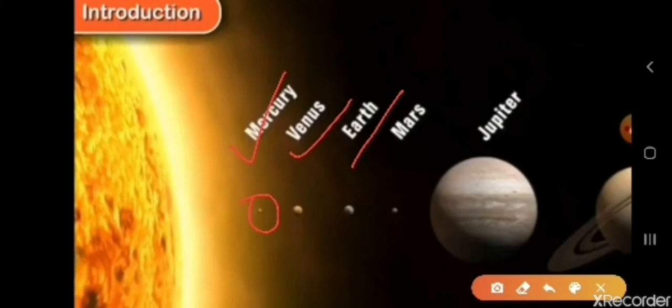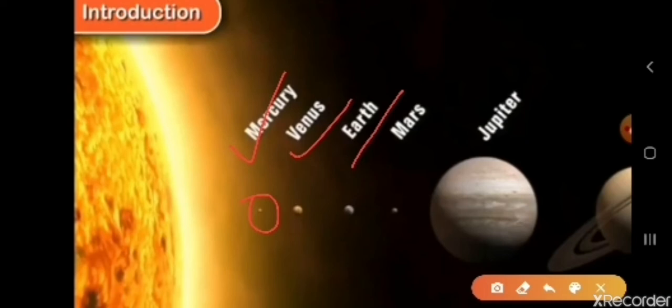When we look at earth from far, it looks blue colored because most part of the earth is covered by water. That is why we call it the blue planet.